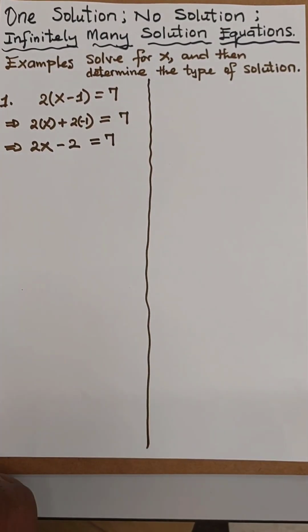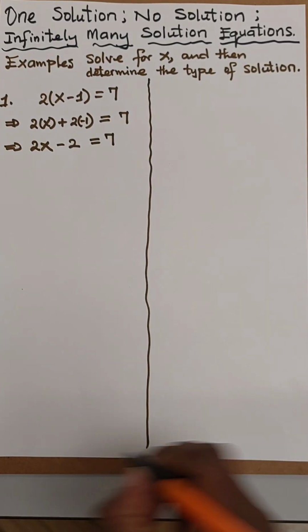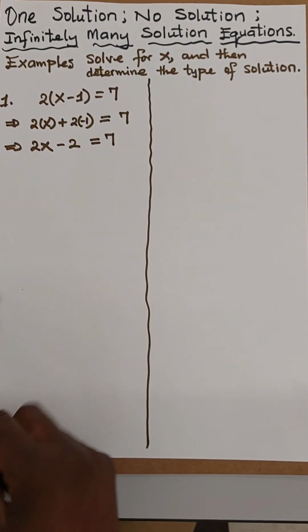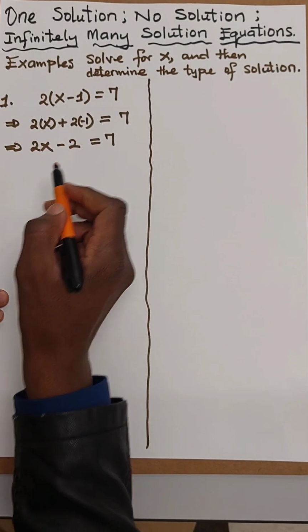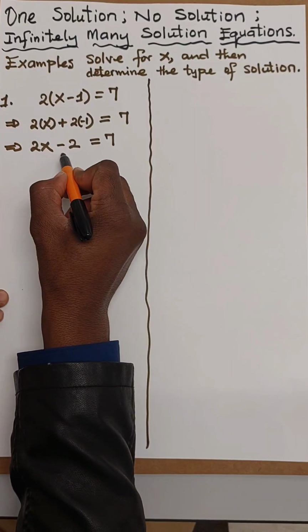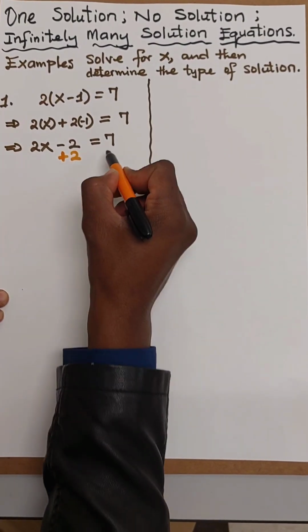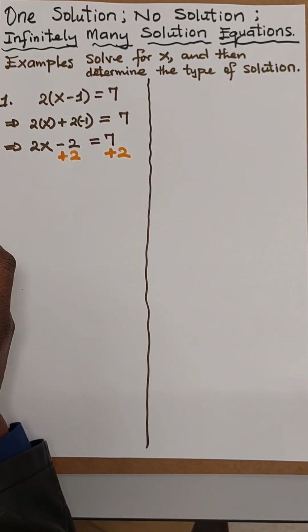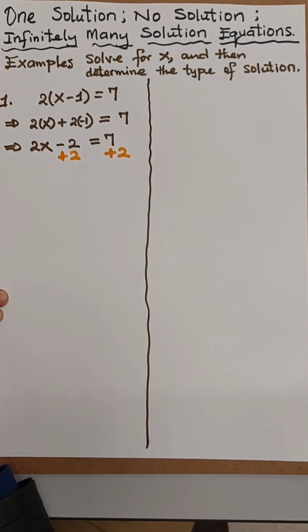Now that brings us to a two-step equation. Solving a two-step equation, the first thing we want to do is undo any addition or subtraction. We see a subtraction of 2 here, or a -2, so we add a 2 to remove it. The rule of equations says whatever you add to the left-hand side, add the same thing on the right-hand side.